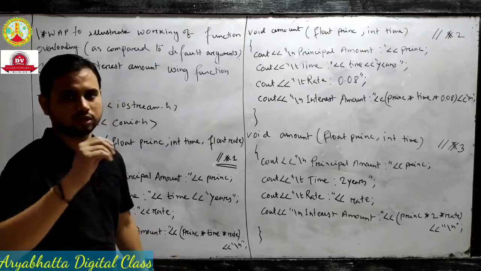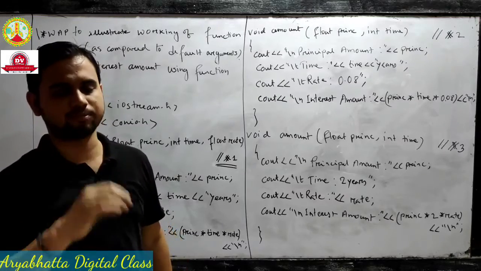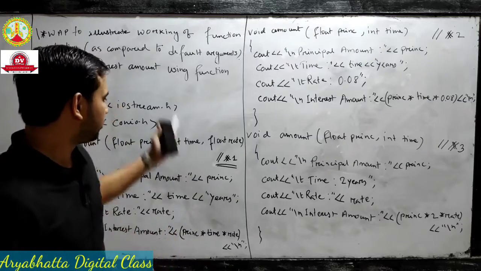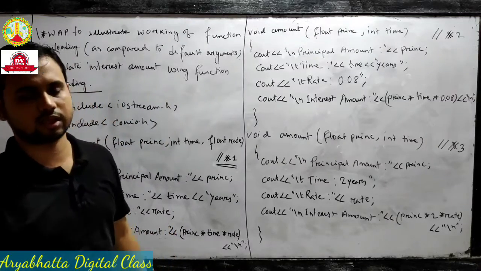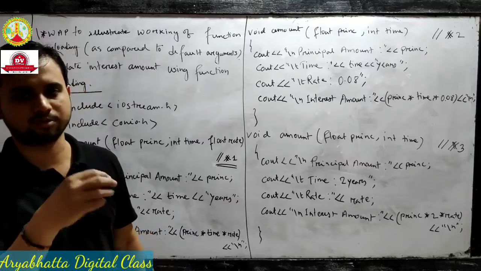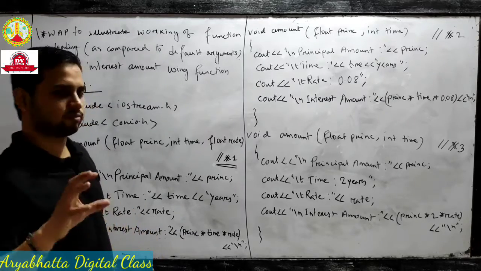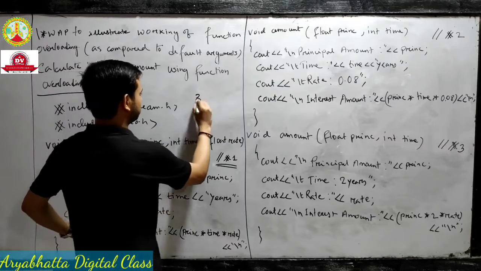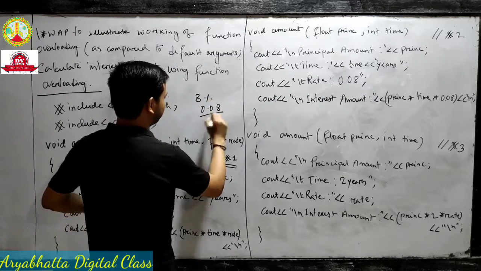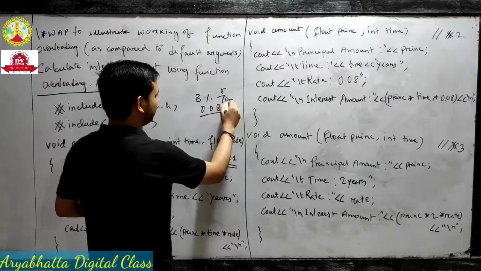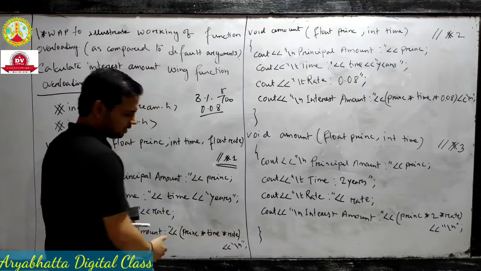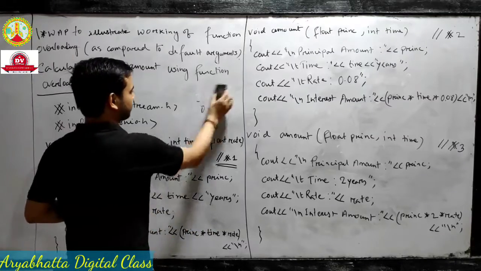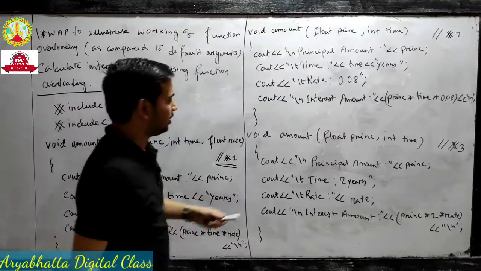Here we don't declare rate as 8% or 9%; we declare something like 0.08 or 0.09, because the code does not recognize percentages. 8% means 0.08, so we don't need to write divide by 100. This is principal into time into rate. This is function 1.